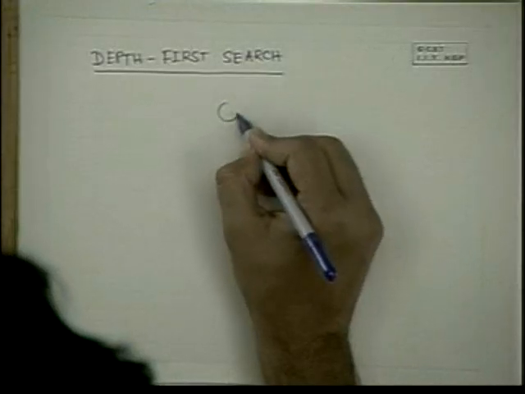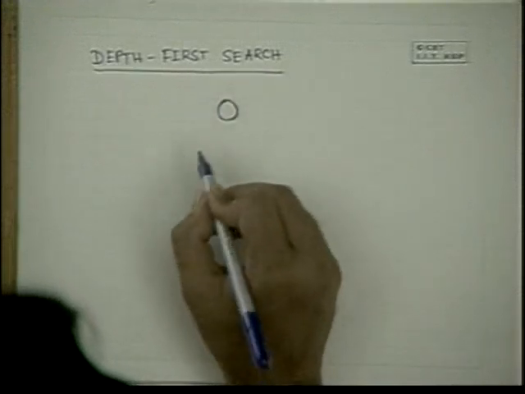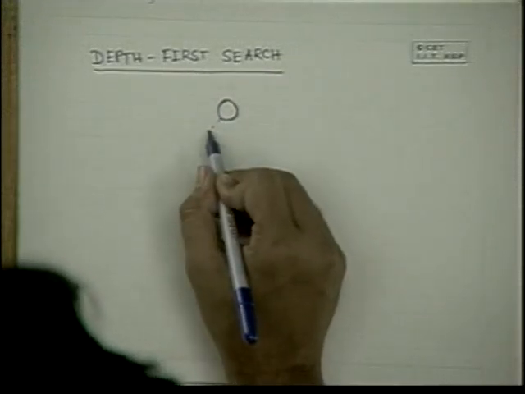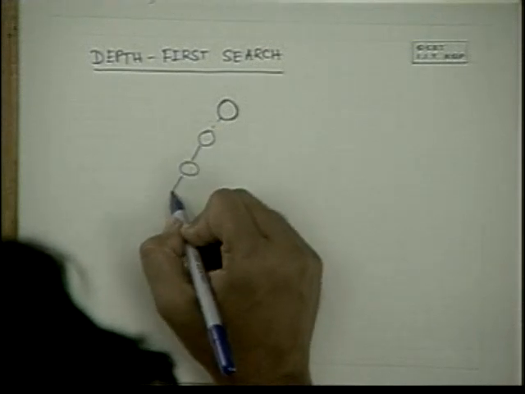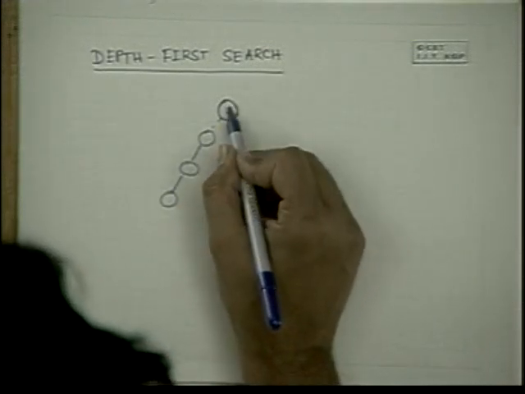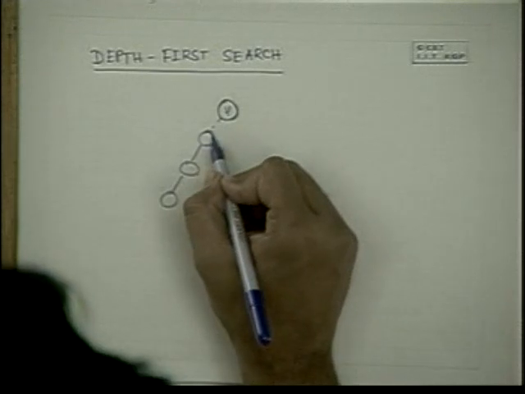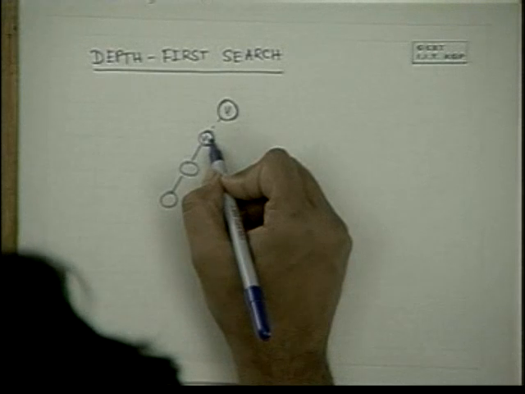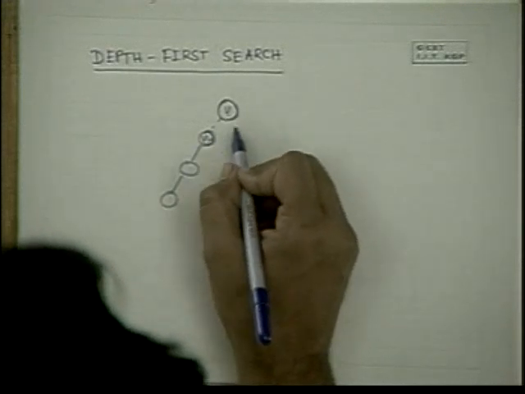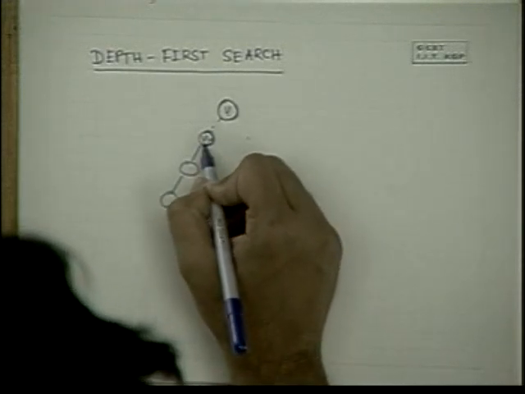So depth first search, what it does, given a node, it starts at a node of a graph and goes on traversing all the nodes, getting as deep as possible in the graph. So suppose it starts from node V and sees that the next one V1 is its neighbor, it goes and traverses this. Then before it goes to the other neighbors of V, it goes to the neighbors of V1 itself.